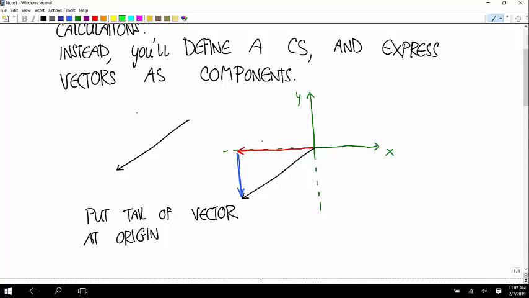These are always perpendicular. This vector is the x component. And this is the y component.